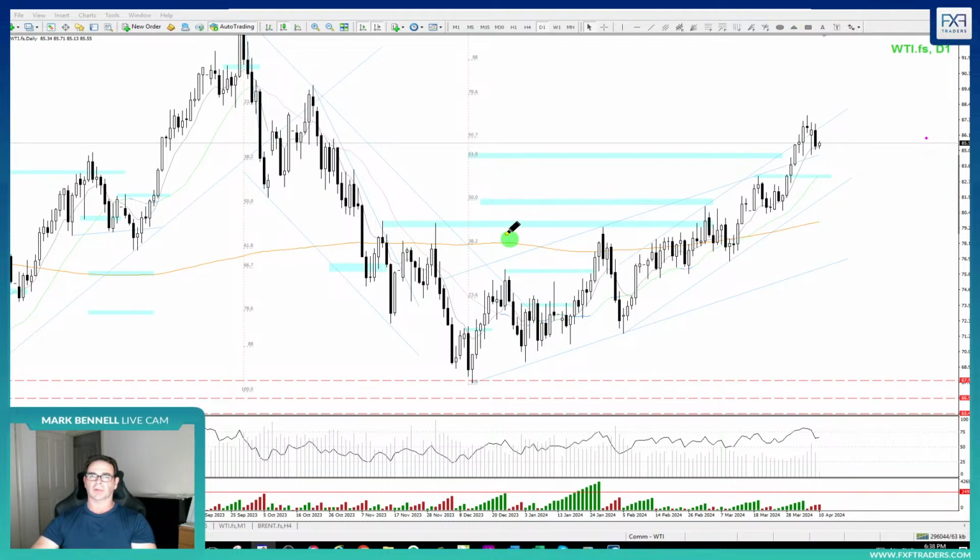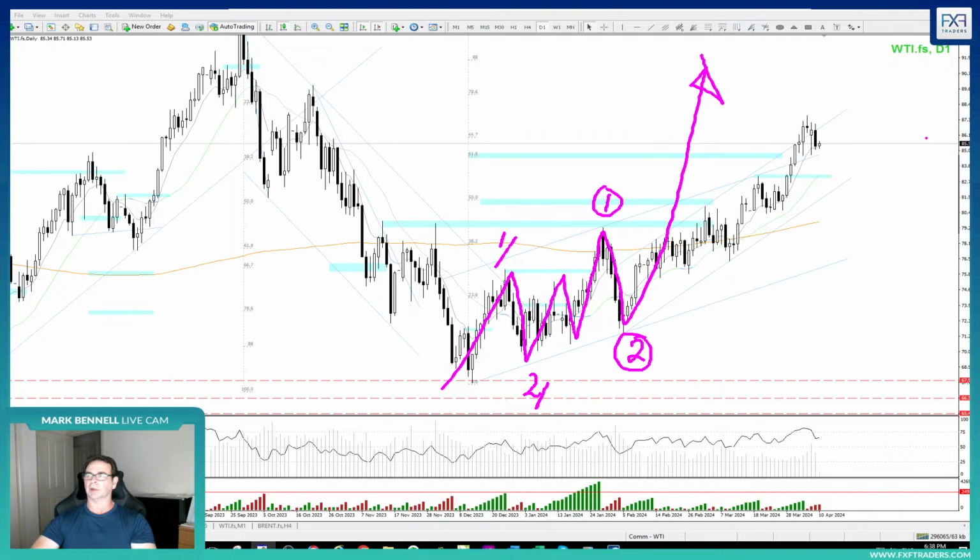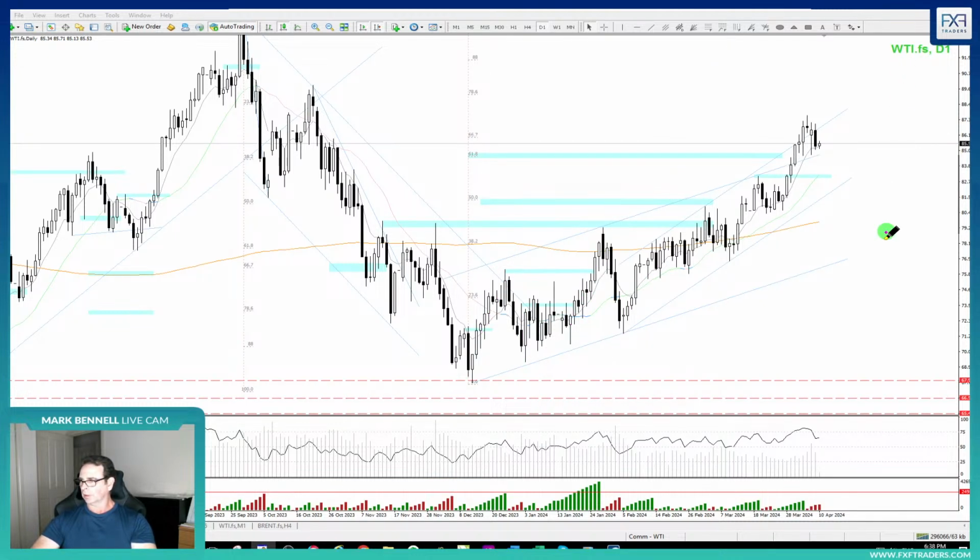Alright, so this is a tough one, but this looks like 1, 2, 1, 2. When you get that correction look first, and then we get a big momentum structure. Very good, Ben. Alright, so this looks like 1, 2, 1, 2.